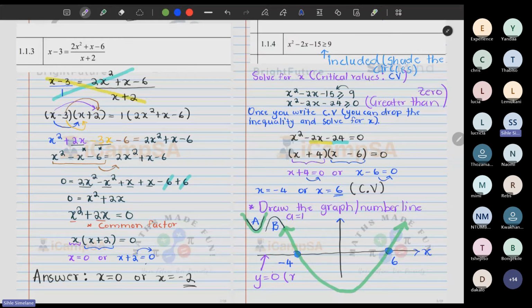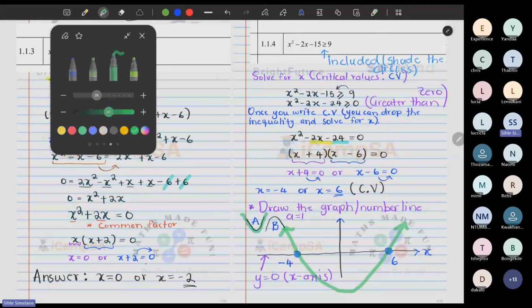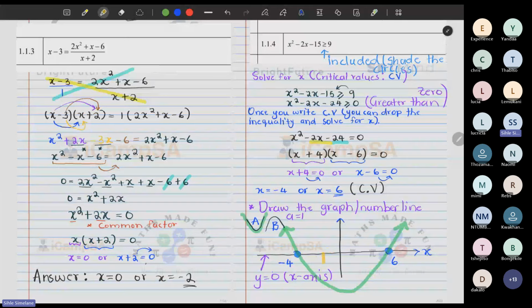Remember the x-axis, that is when you have y equals 0. So do you see that an x value, I need you to listen to me carefully, let's say of -2, will give us a corresponding y value which is negative? Do you see that, guys? The y value that is below the y is equal to 0 line will be negative. So -2, if we dot towards the graph, it will give us a negative y value. Do you guys agree?